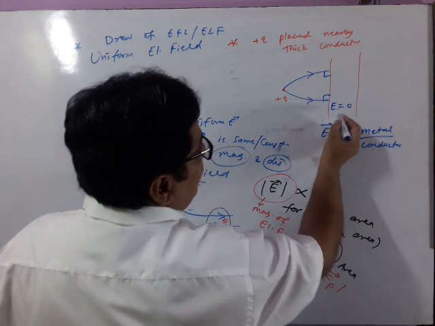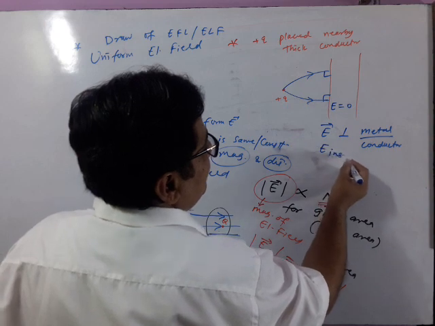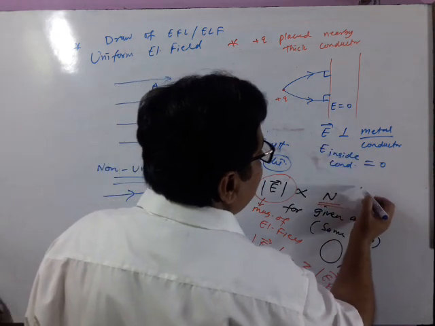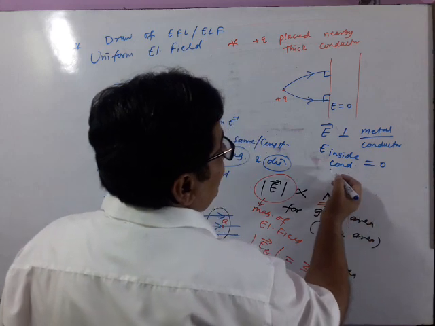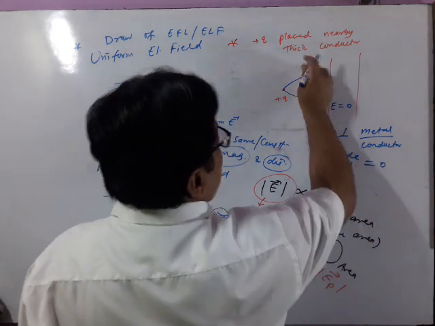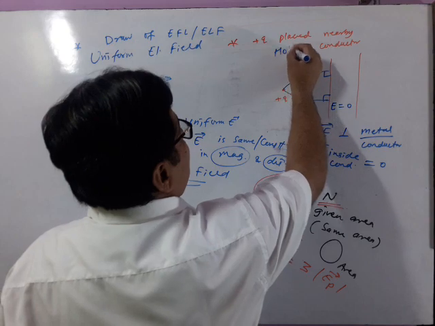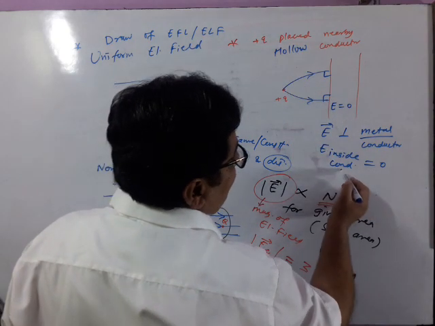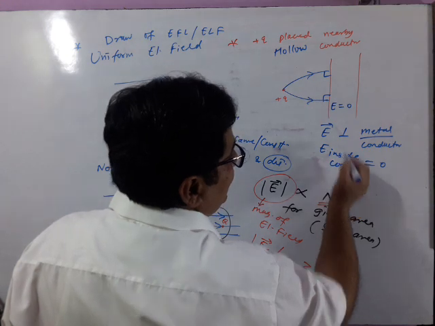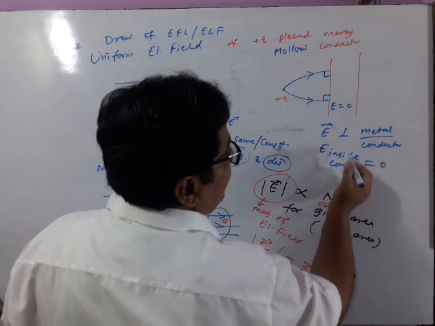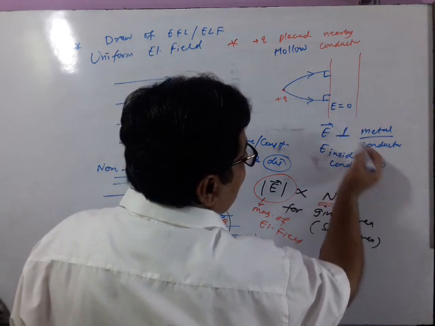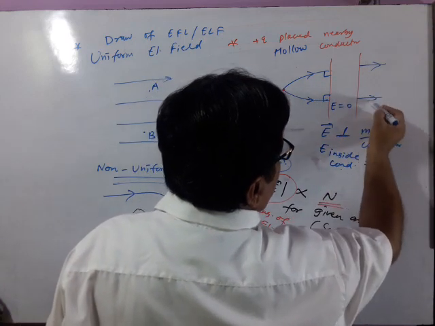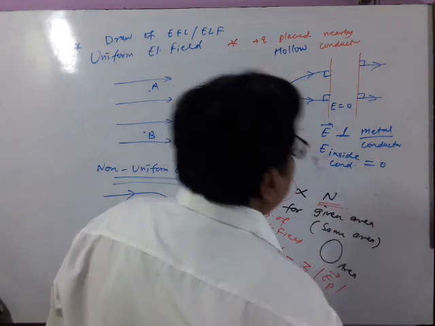Remember these 2 points. Electric field inside metal or conductor is 0. Now we are talking about, this is hollow conductor, let us say. So for hollow conductor, electric field inside conductor will be 0. So it is 0 and it is always perpendicular to metal conductor. So it is perpendicular. So it is passing through this and emerging out like this. Perpendicular again. Breathe in.